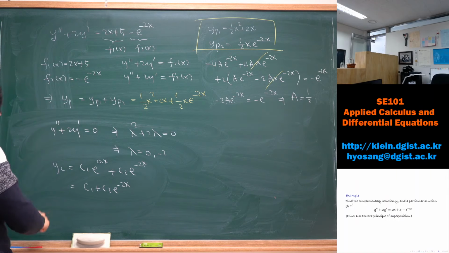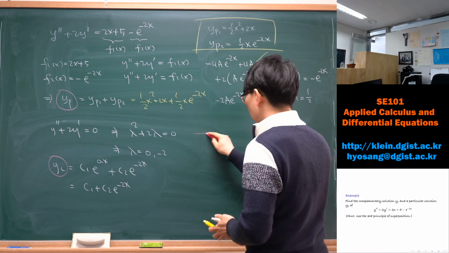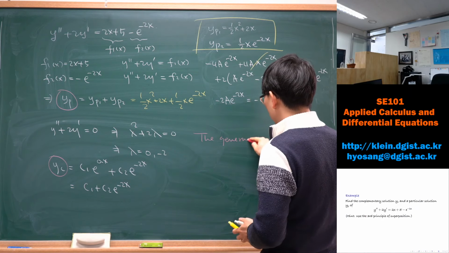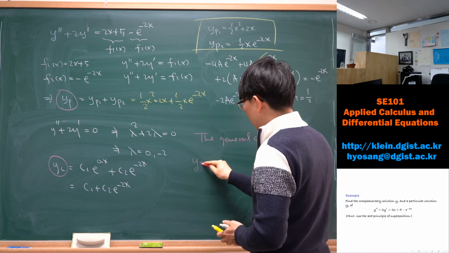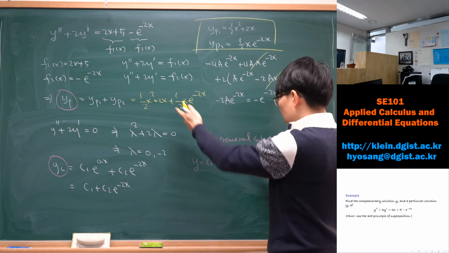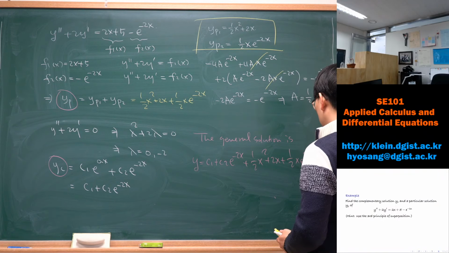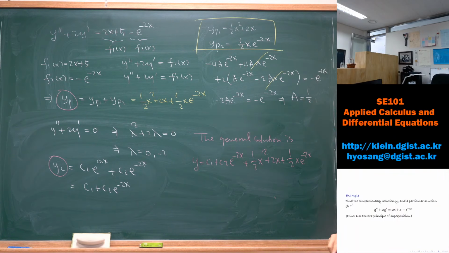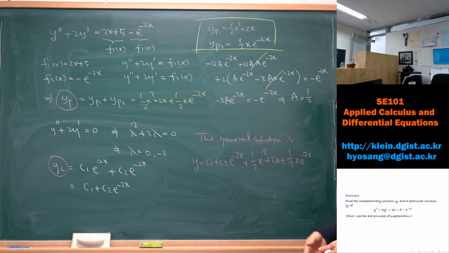Combining the particular solution and complementary solution, the general solution is y equals c1 plus c2 e to the negative 2x plus these terms, 1 over 2 x squared plus 2x, plus 1 over 2 x e to the negative 2x. This is the general solution that you have to write if the problem asks you to find the general solution of this differential equation.